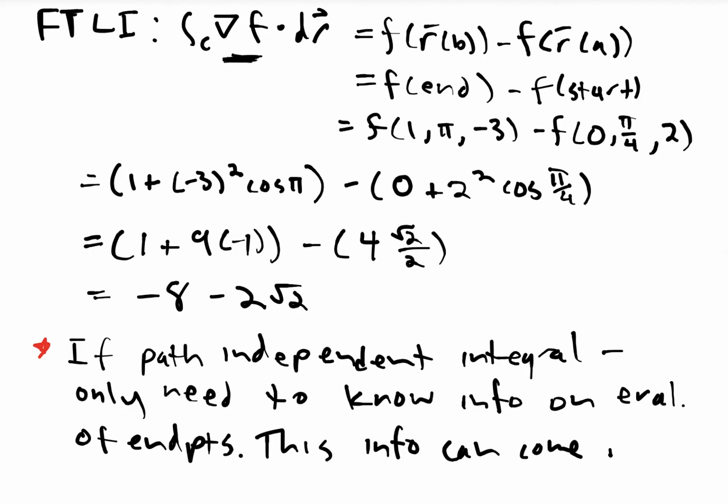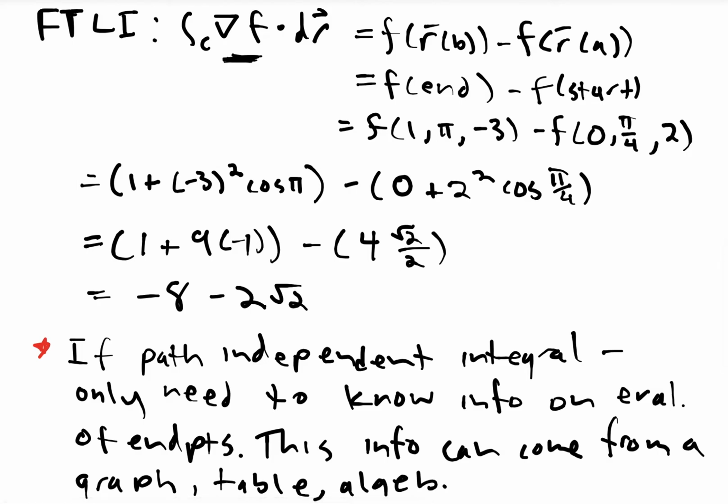It can come from a graph, from a table, or from an algebraically specified function. There are a bunch of different ways I could specify what happens when you plug a point into f. Be on the lookout for that. I might specify at (1, pi, -3) what happens on a table or a graph. We're not always going to be constrained to algebraic functions.